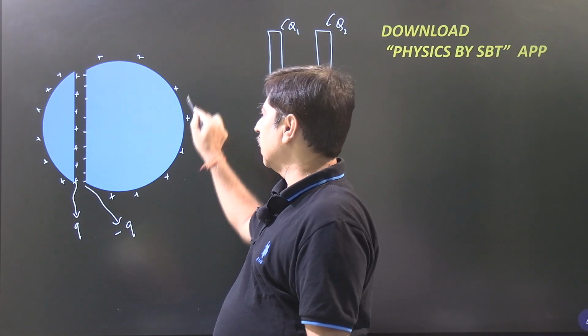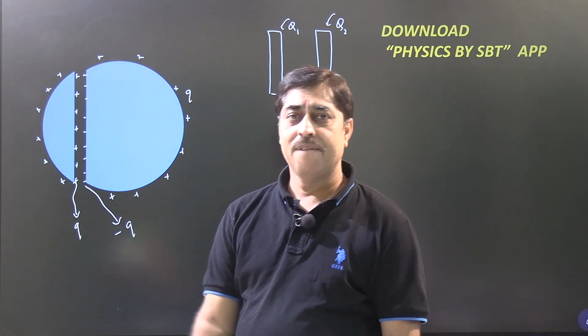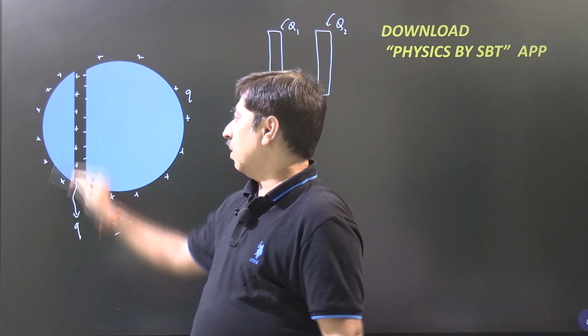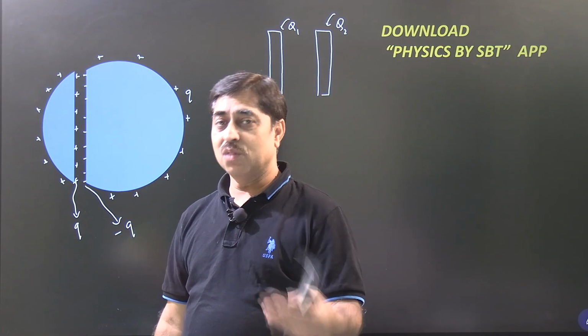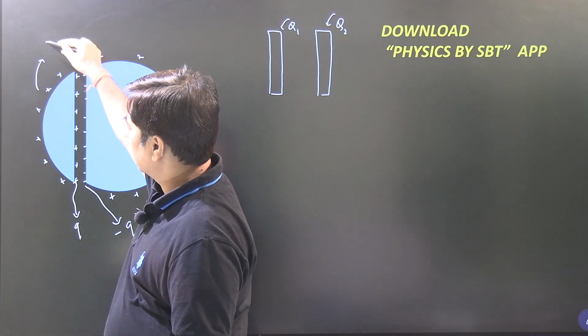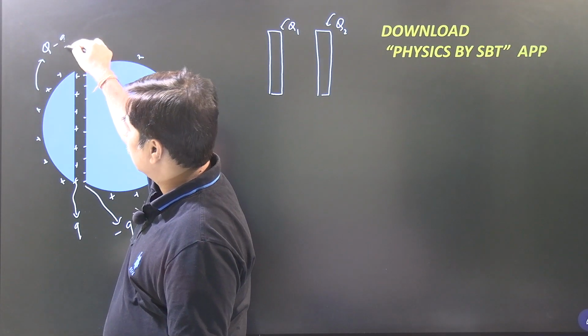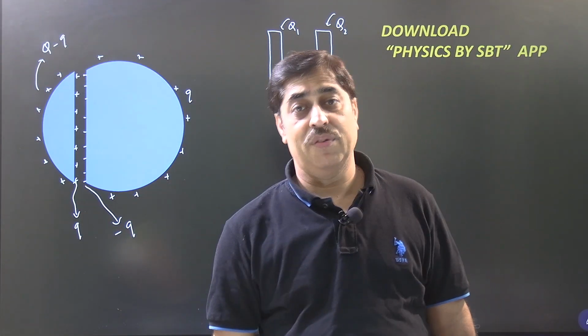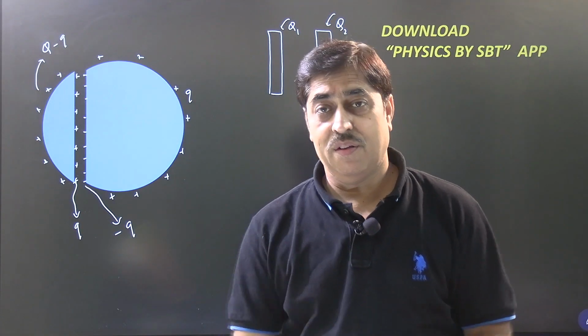That is guaranteed because this is neutral. This part was given a charge capital Q. Out of capital Q, plus q is present here, that is what we are assuming. So this spherical surface will have a charge of Q minus q on it. I hope all of you can agree to this, right?